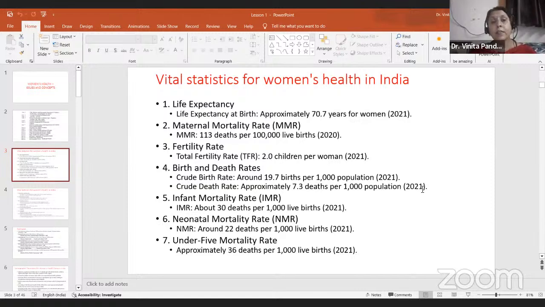And as you can see, with regard to maternal mortality rate, we have witnessed about 113 deaths per 1 lakh live births, and this data pertains to the year 2020. Similarly, total fertility rate has been about 2 children per woman in 2021.